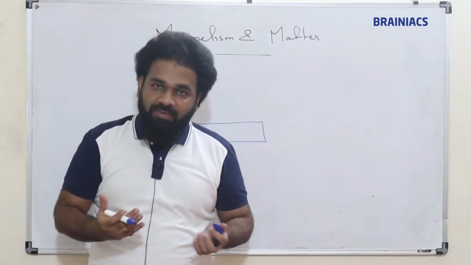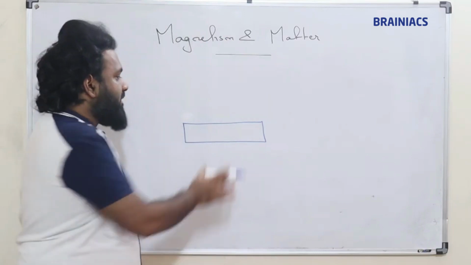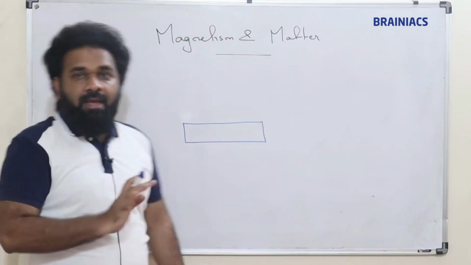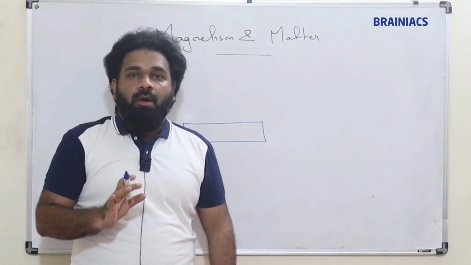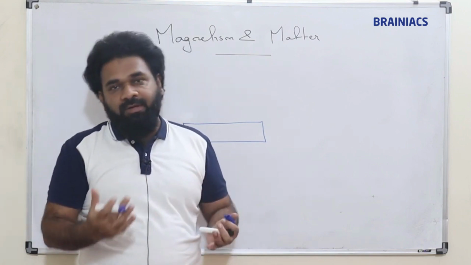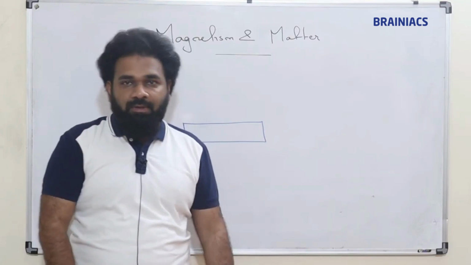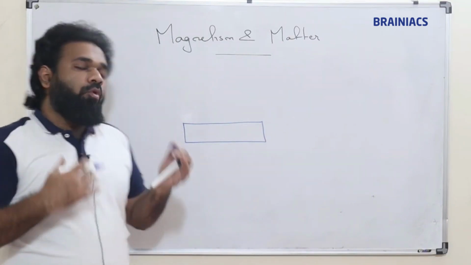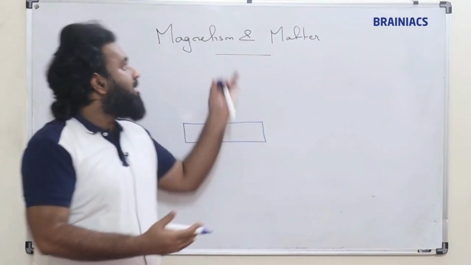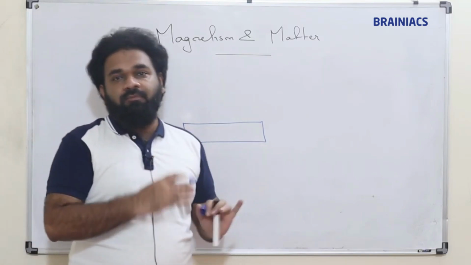All of us have seen them. If we take a bar magnet, what will be its effects and properties, all those things we will be discussing in this chapter. That is the difference between Moving Charges and Magnetism and this chapter, Magnetism and Matter.